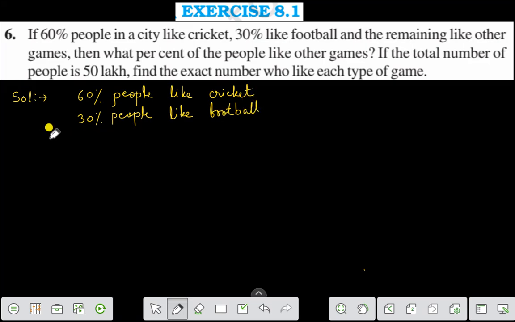Therefore, the remaining like other games.